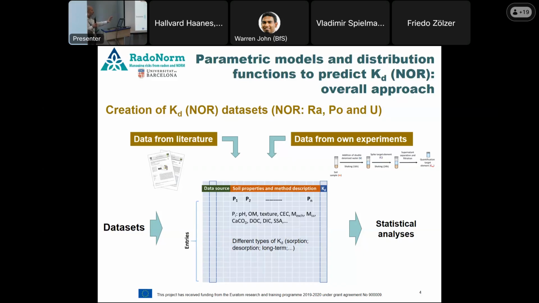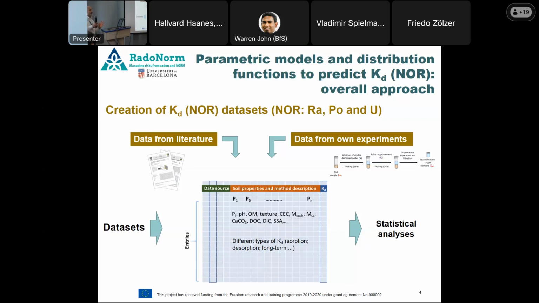So at the end of the day, we have a data set with two contributions: all experiments carried out within the Redolon project and data gathered from the literature. For every single KD entry, we may label the entry according to the source and according to the soil properties, such as pH, organic matter, texture, CEC, status of the measured cations, both in the exchangeable complex or in the soil solution, carbonate, dissolved organic carbon, dissolved inorganic carbon, specific surface area, and so on.